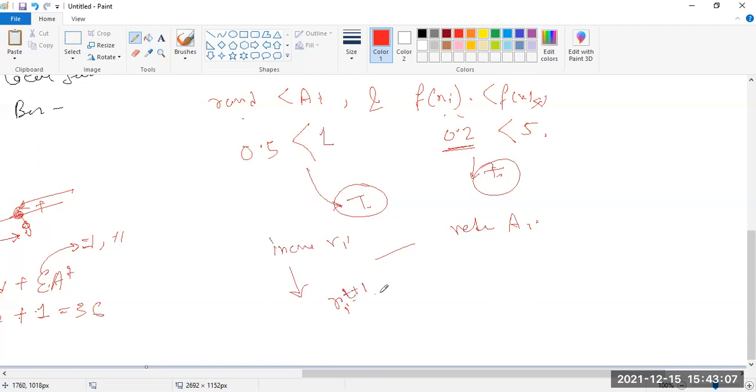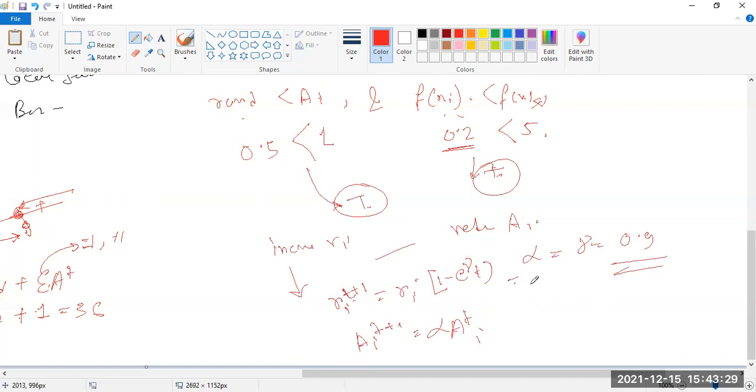Ri at t plus 1 equals Ri into 1 minus e to the power of minus gamma t, where alpha and gamma equal to 0.9. It will be given in your problem. And Ai at t plus 1 equals alpha times Ai at t.